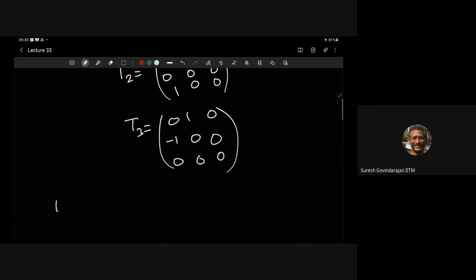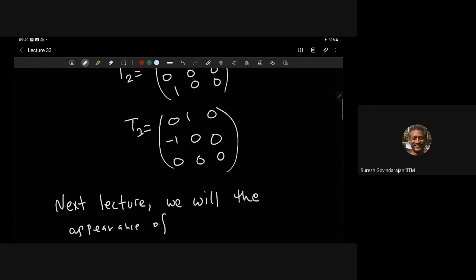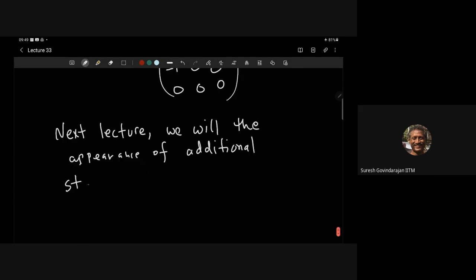So next lecture we will see the appearance of additional structures that go into defining a Lie algebra.